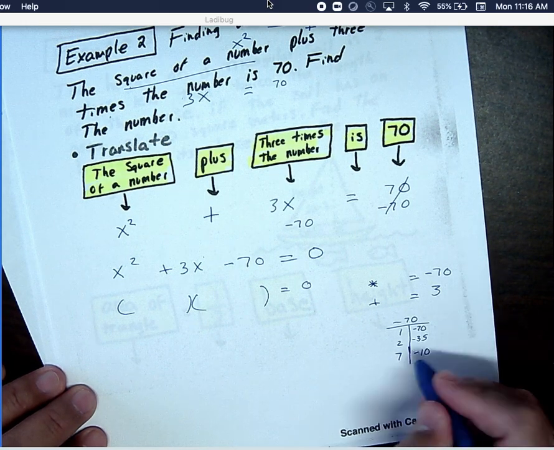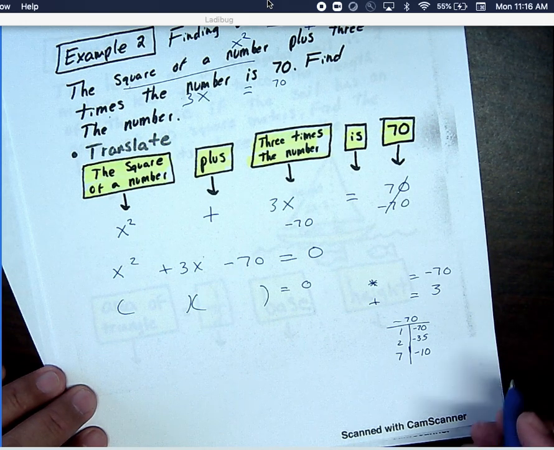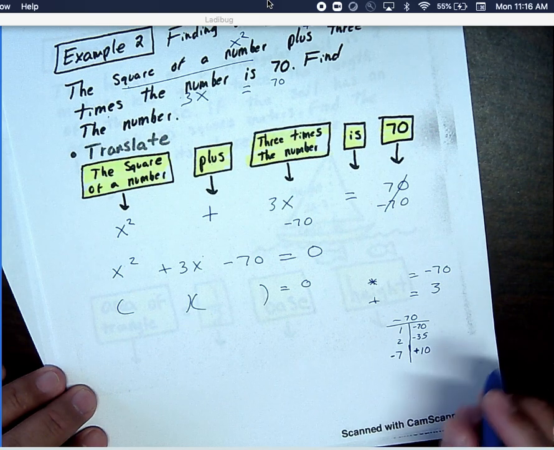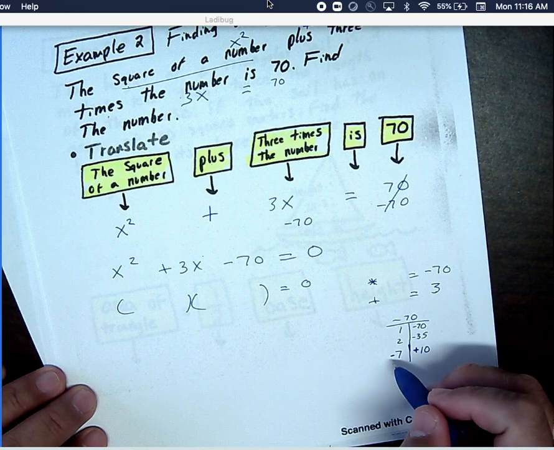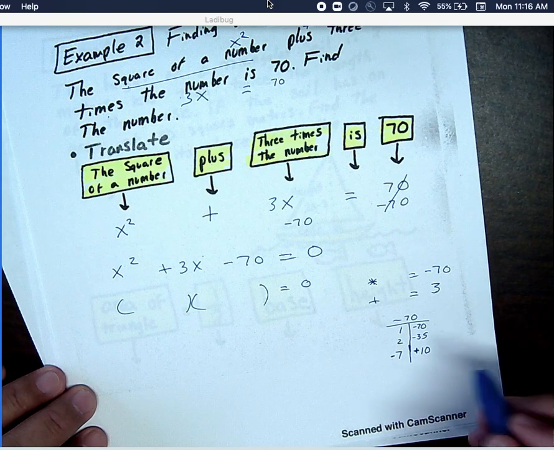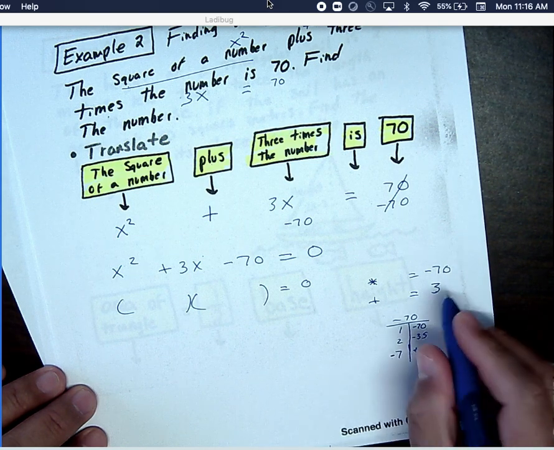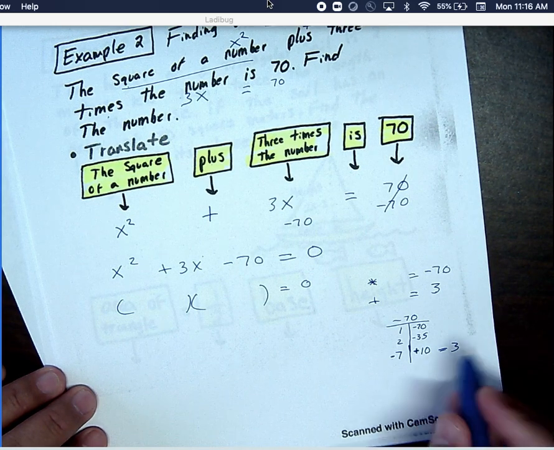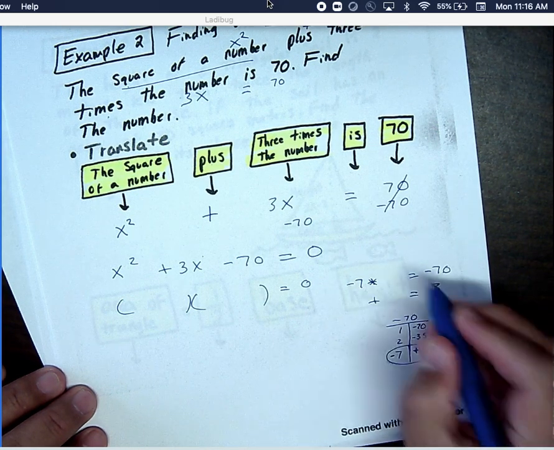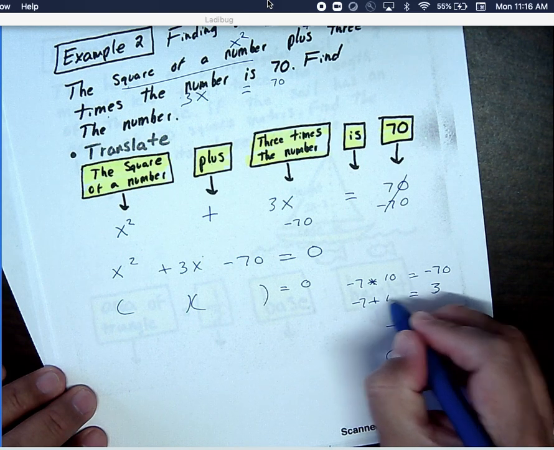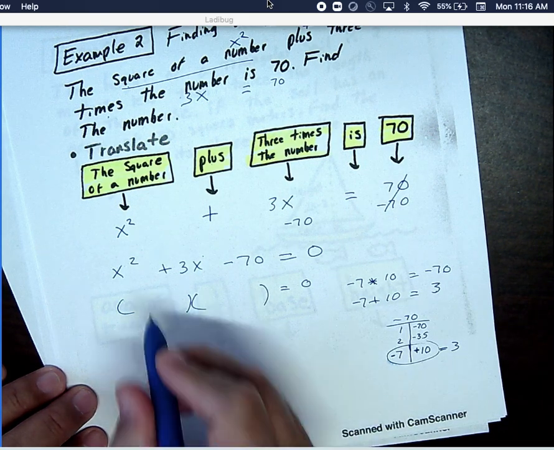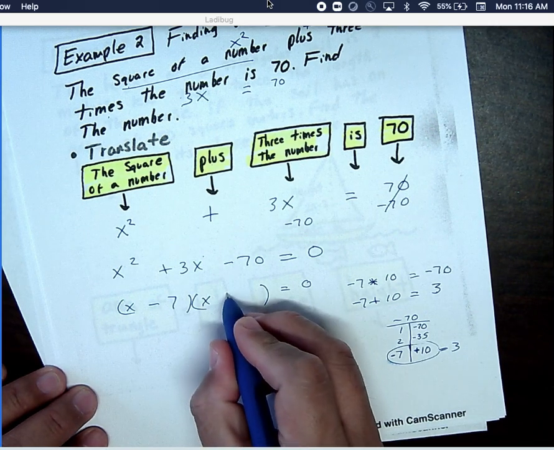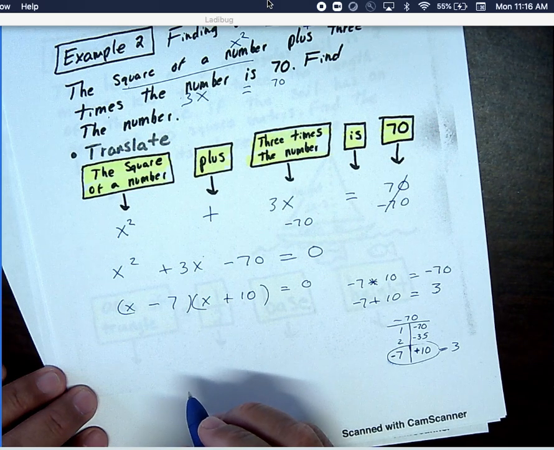And actually it's negative 7 times positive 10, because we need a positive number here. So negative 7 times positive 10 will give me that. When we add them, negative 7 plus 10 will give me the 3. So these are the factors: negative 7, 10. So you just put the x here, and then you put the negative 7 and the positive 10. So those are the factors.